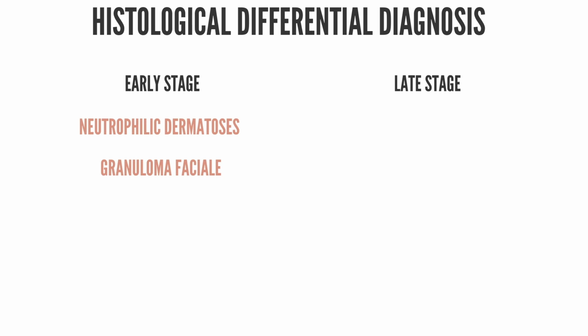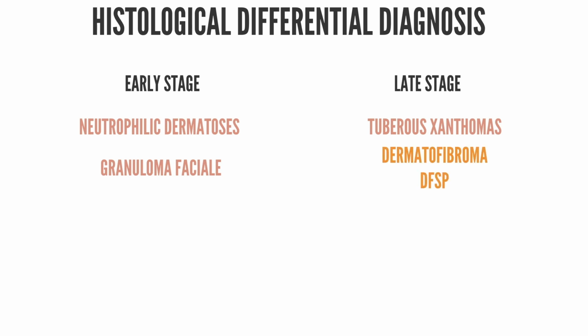In addition, the presence of granulomas may be more likely in erythema elevatum diutinum compared to granuloma faciale. The differential diagnosis of the later lesions includes tuberous xanthoma, fibrotic disorders or tumors such as DFSP, and occasionally fibroid nodules of Borrelia, Kaposi sarcoma, and bacillary angiomatosis.